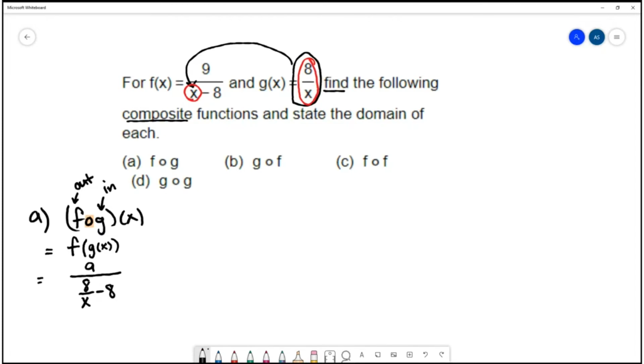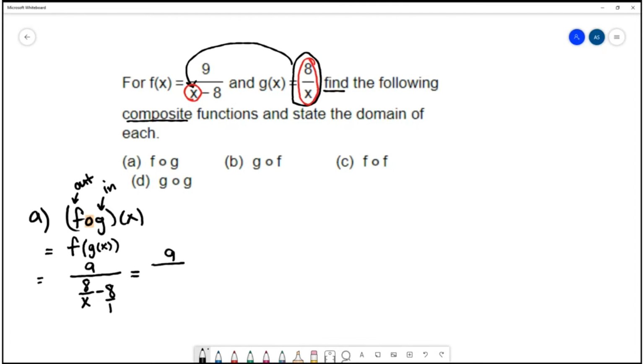We're going to simplify this expression now that we've done the substitution. And this is a complex fraction, a fraction inside of a fraction. There are a few different ways you can go about simplifying this. One way would be to get a common denominator in the bottom here.